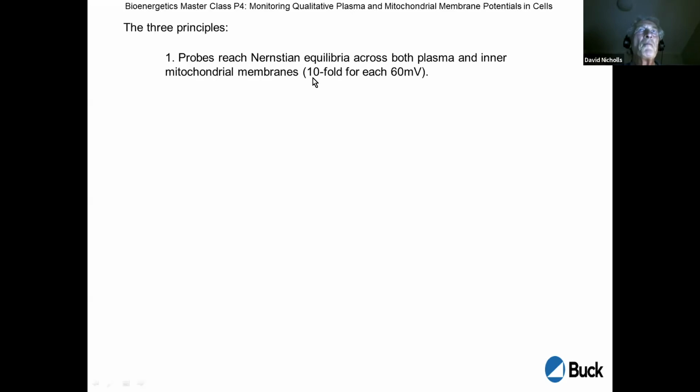That's the first one. And an absolutely critical feature of all of these fluorescent probes is that they should come to a passive equilibrium across the membrane. If there's anything that's trying to pump the probes either in or out, the technique is invalid. And you sometimes find with cell lines that they have developed multi-drug resistant transporters that take a dislike to things like TMRM and try to expel it.